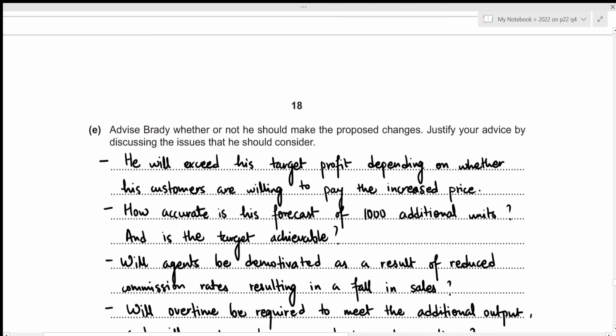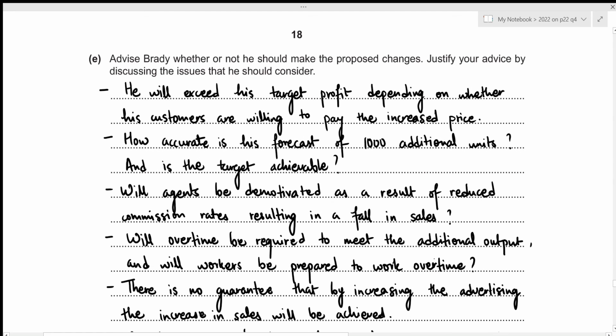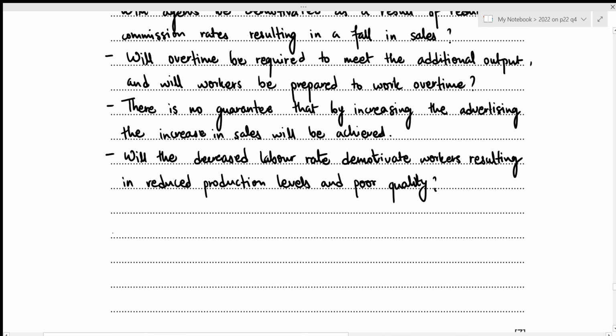Okay, now based on these factors, we need to advise Brady whether or not he should make the proposed changes. So I would suggest Brady proceed with these changes, provided that he is confident enough to produce the increase in monthly sales of 1,000 units. So let's write down the decision clearly.